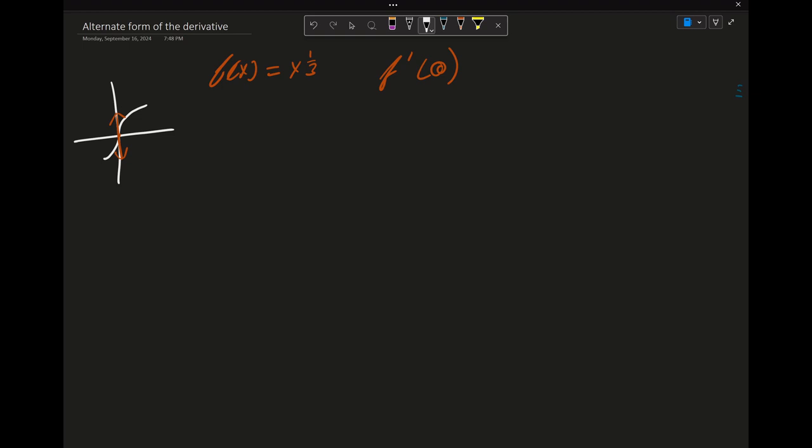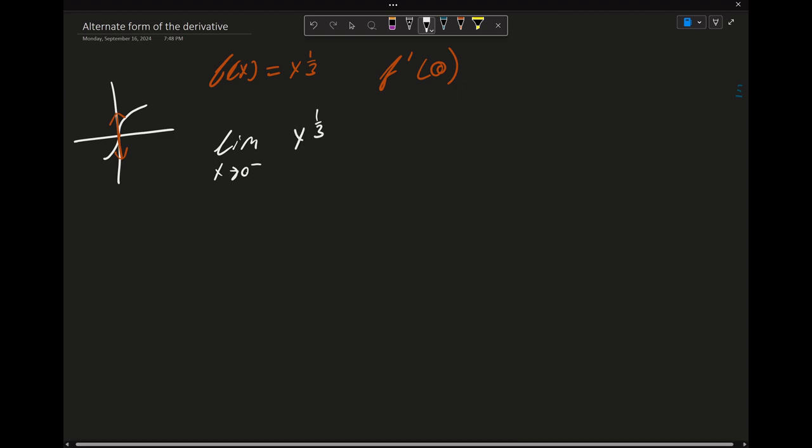So let's prove that this doesn't exist, since the slope is directly straight up. We'll take the limit from the left of that alternate form, which is x to the 1/3 minus 0 over x minus 0, which we get to be 1 over x to the 2/3, or the limit of this. And so we see here that we get 1 over 0. So we know this limit does not exist.